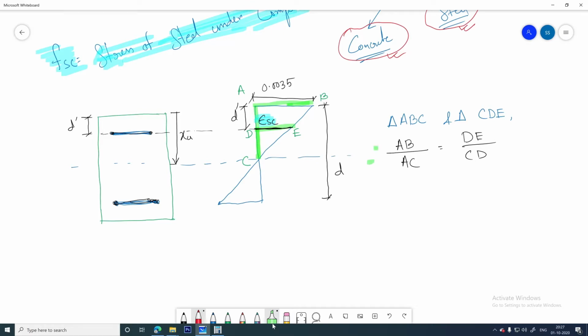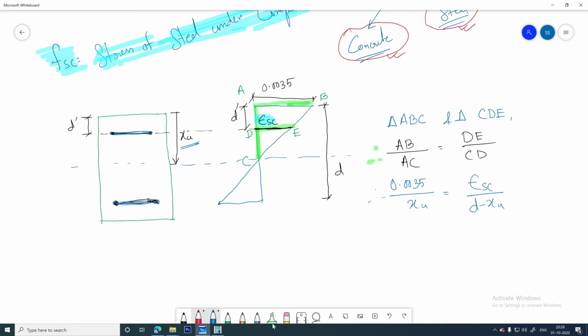So that thing I have shown over here. AB value is 0.0035, the maximum strain, by AC. AC is which one? AC is XU. XU equals DE, and DE is epsilon SC, that we need to determine, and CD is D minus XU. It is very much clear.